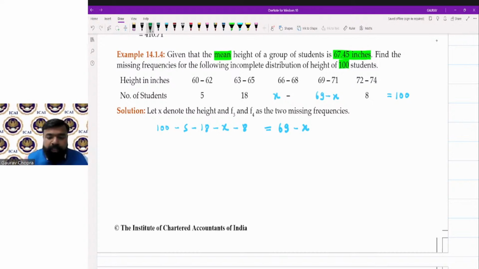Okay. So you can write the mid value here, x. So 60 plus 62 upon 2 is 61. Then 64, 67, 70, and 73.